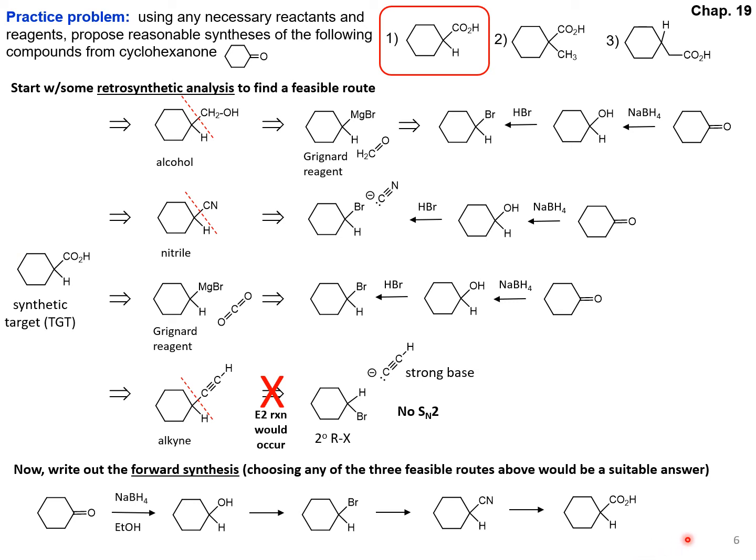Sodium borohydride and ethanol can be used to reduce the ketone to the alcohol. The secondary alcohol, you could treat it with HBr to make the bromide, or PBr3. Sodium cyanide or potassium cyanide will convert the alkyl bromide to the nitrile, and then hydrolysis of the nitrile to the carboxylic acid is the last step.